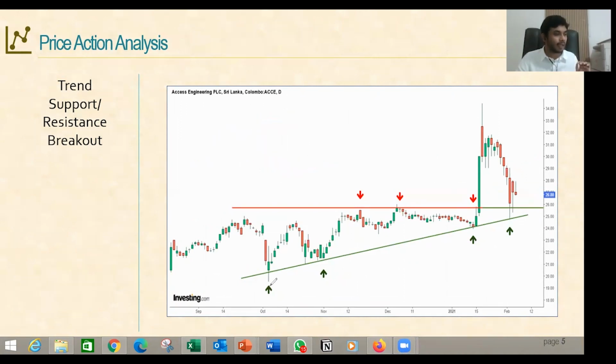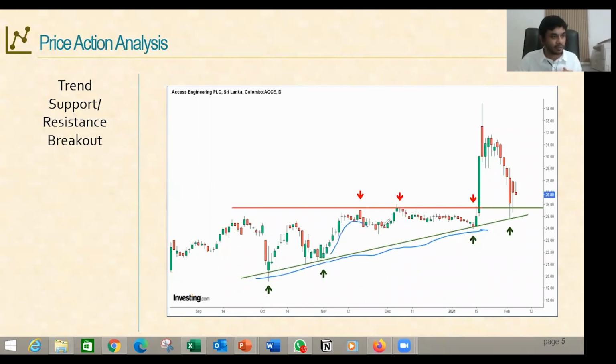In the same way we can have trend supports, where whenever the price reaches that level in a linear, trending fashion, where it touches the trend line, we see the price momentum going up. So in this particular case, you can see every time. Based on these two points, we have extended our trend support line.